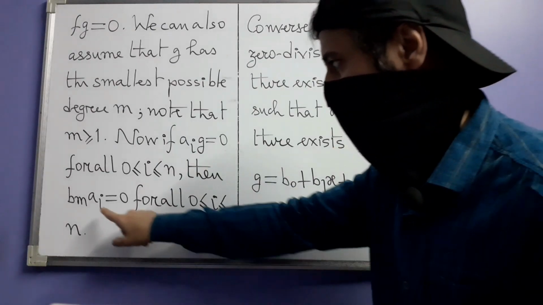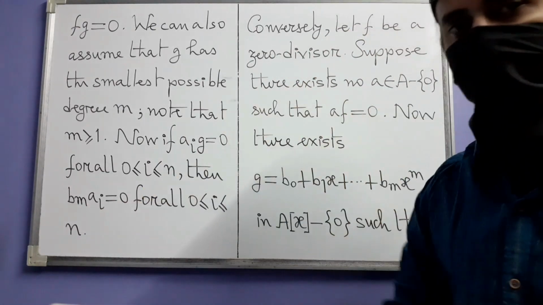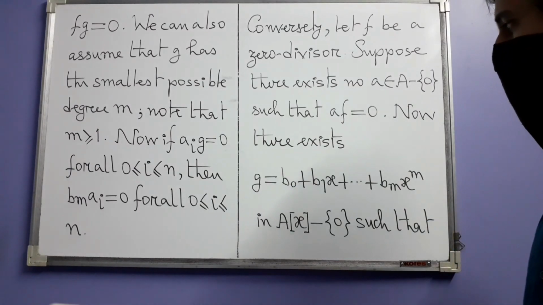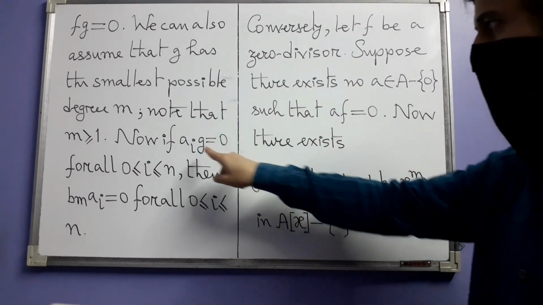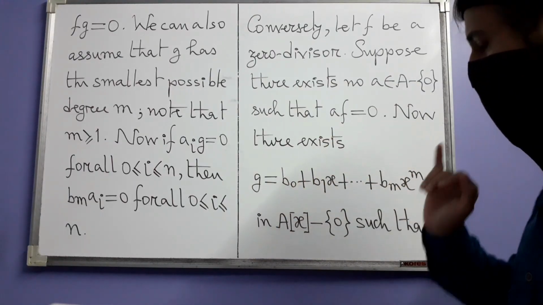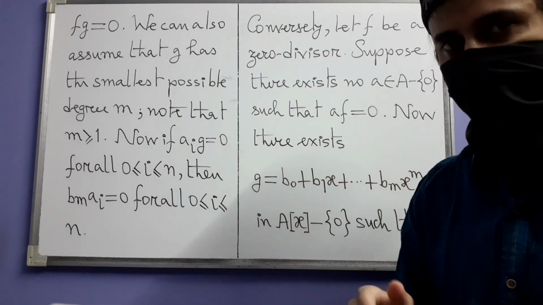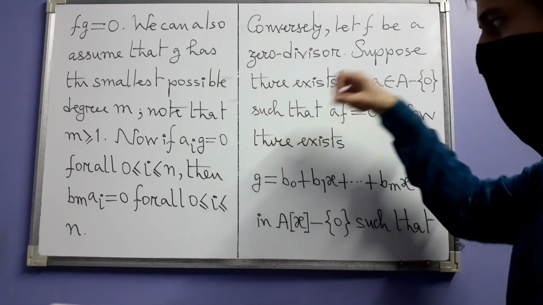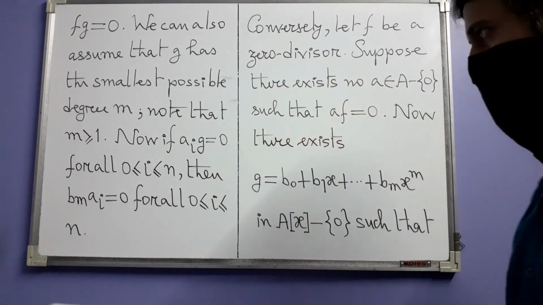Then bm times ai will also be equal to 0 for all such i. Why? Because this is g. Multiplying g by ai just simply means multiplying all the terms by ai, because ai is a constant polynomial, and then if that product has to be 0, then all the coefficients must be 0.